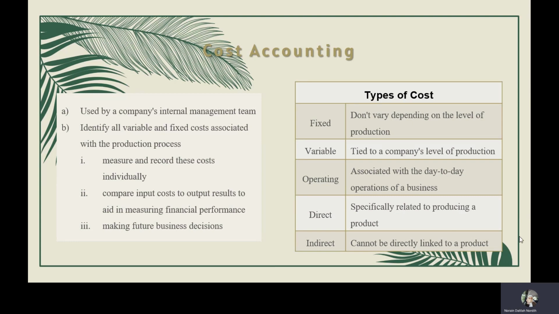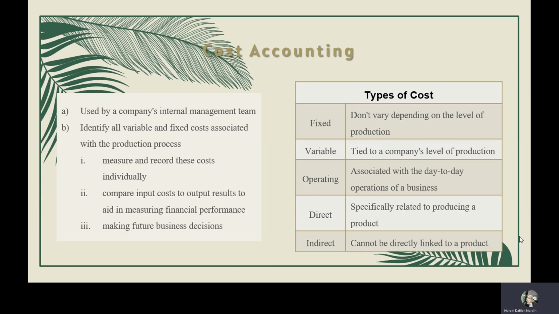Third is operating costs. Operating costs are associated with the day-to-day operations of a business. They can be either fixed or variable depending on the unique situation that the company goes through. Then the fourth is direct cost, which is specifically related to producing a product.